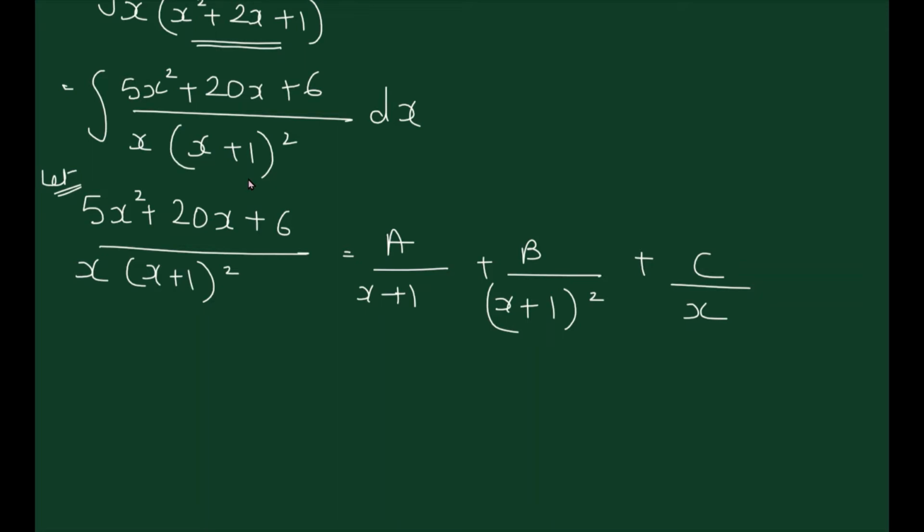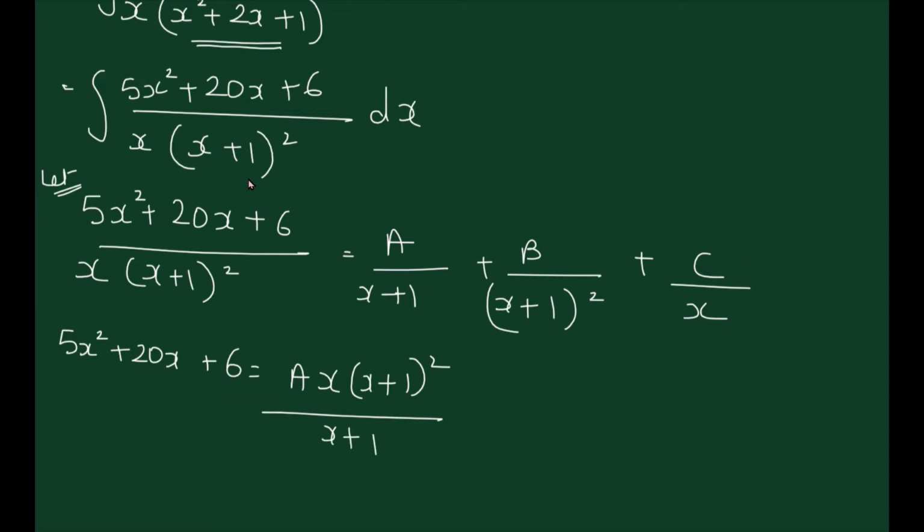Now we proceed to find the values for a, b and c. So by cross multiplying we get 5x square plus 20x plus 6 is equal to a into x plus 1 the whole square upon x plus 1. We do it similarly for b and c also. We cross multiply over here.